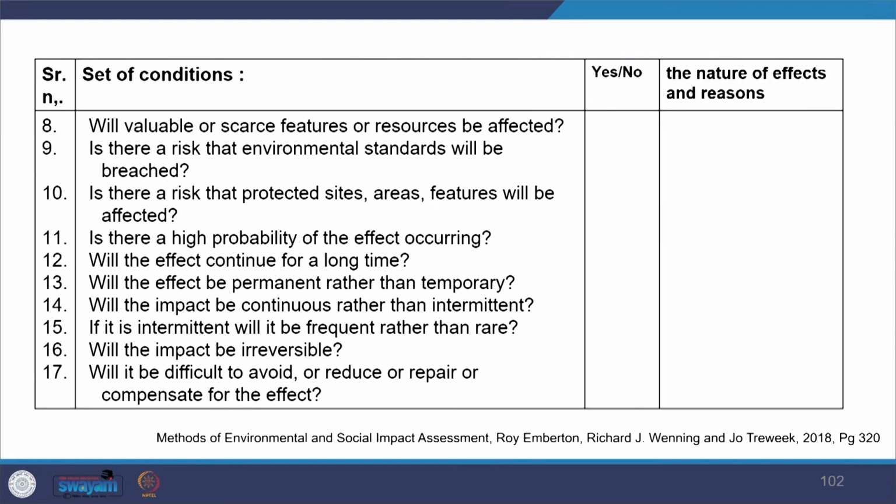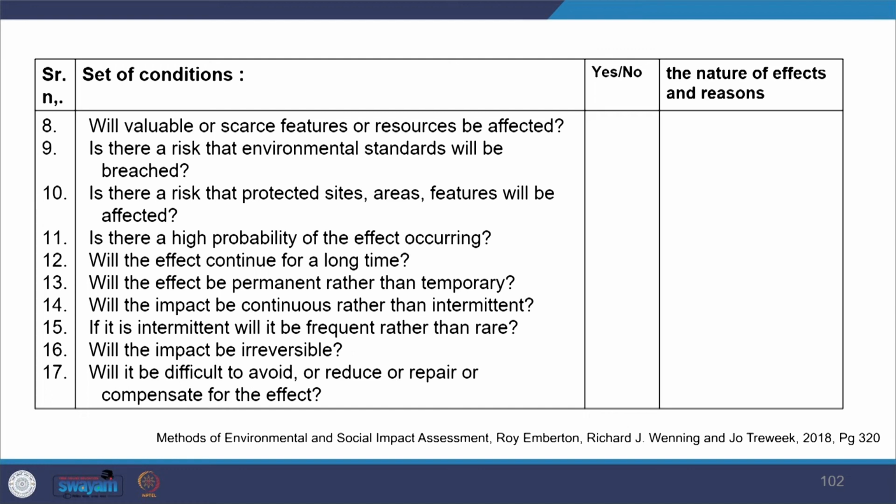Will valuable or scarce features or resources be affected? Is there a risk that environmental standards will be breached? Is there a risk that protected sites, areas, or features will be affected? Is there a high probability of the effect occurring? Will the effect continue for a long time? Will effects be permanent rather than temporary, continuous rather than intermittent?